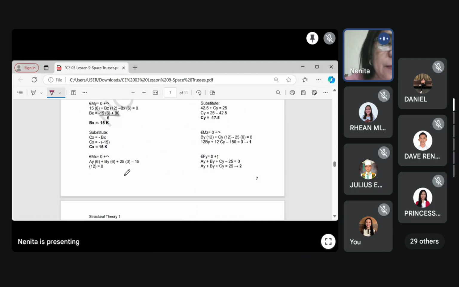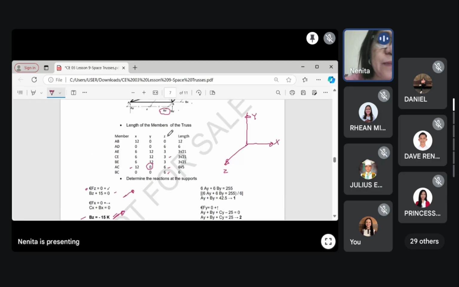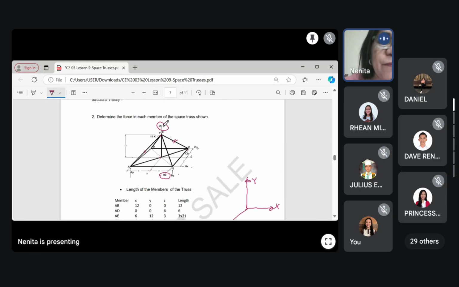So, we have, this is your 25. This is your 15. Okay, ang ating 15 is along the z. Distance sa ating ax, ani? Okay, is 12. Sorry, 12 good siya. Okay, ang ating along the x, di naman natin makukuha kasi wala siyang perpendicular distance.